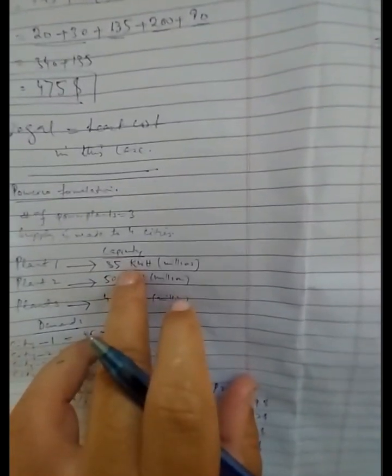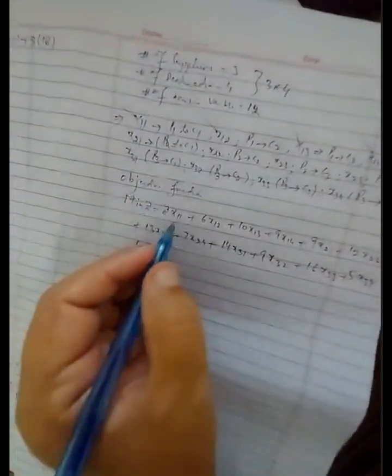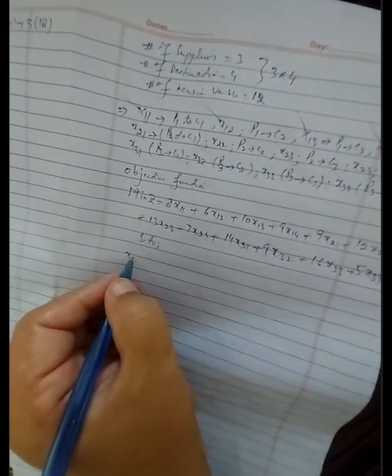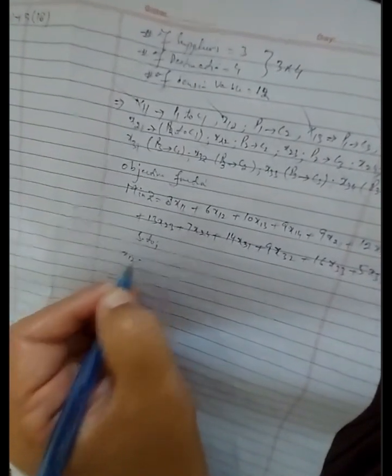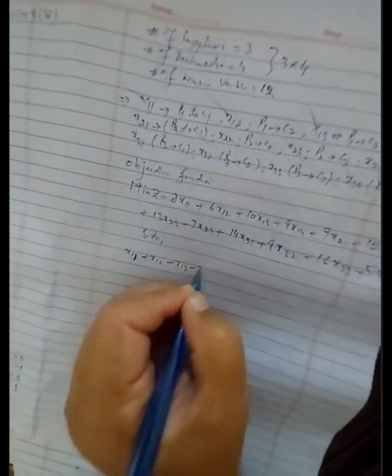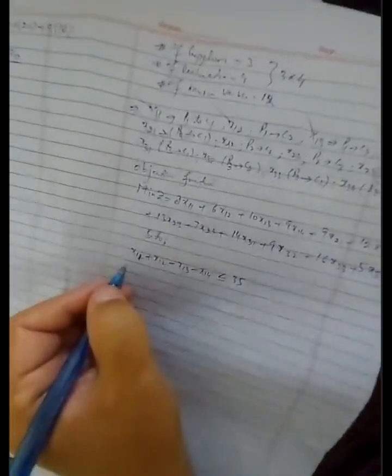The first one is the capacity constraints, and the second one is the demand constraint. The capacities for the three power plants are 35 million kilowatt hours, 50 million kilowatt hours, and 40 million kilowatt hours. As power plant 1 supplies to all four cities, it will be X11 plus X12 plus X13 plus X14, which must be less than or equal to 35.